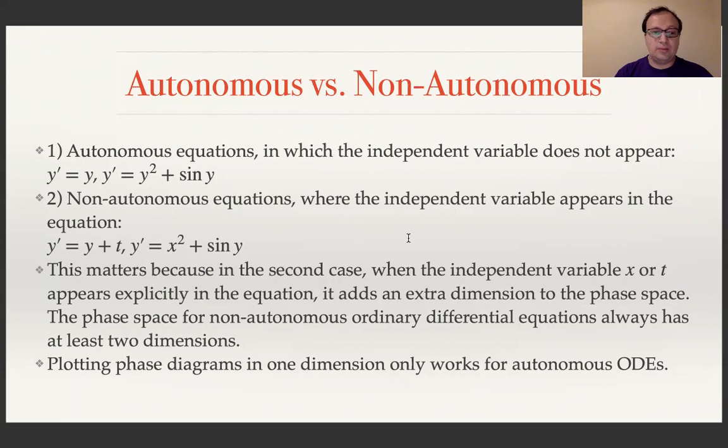This means if we start with a phase space of dimension 1, if we also count the variable t, then we end up with a phase space of dimension 2. So the phase space for a non-autonomous equation or system of equations always has at least dimension 2. So the method that we are describing here today only works for autonomous first-order equations.